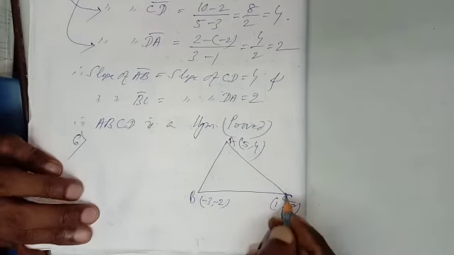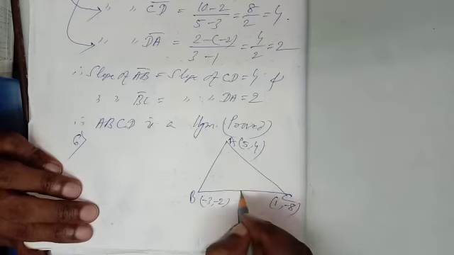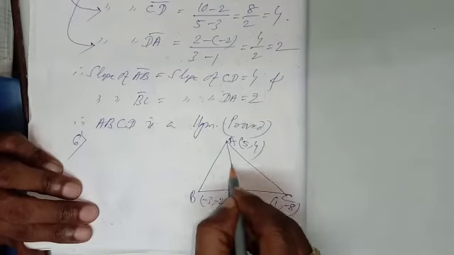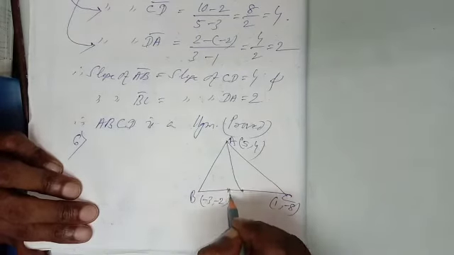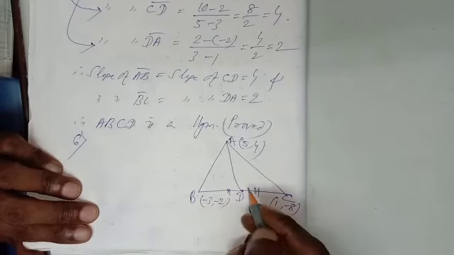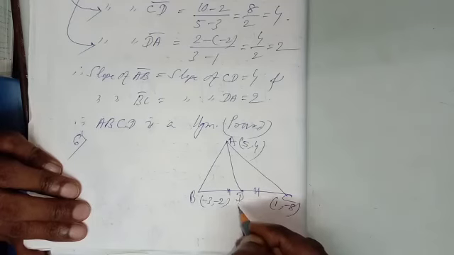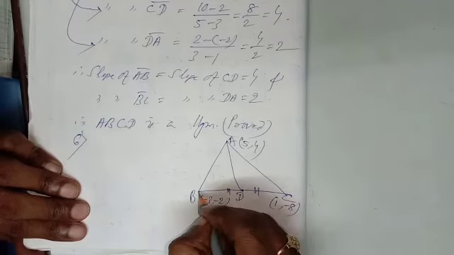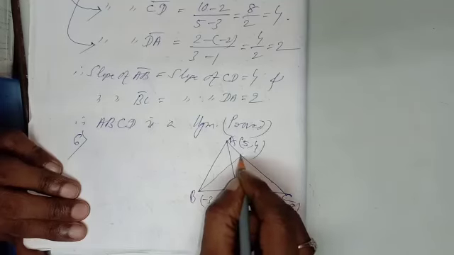You have to find out slope of median AD. Median means D is the midpoint of BC. Slope of AD you have to find out, that is AD is the median. Again, slope of altitude, that is BM. Altitude means perpendicular.